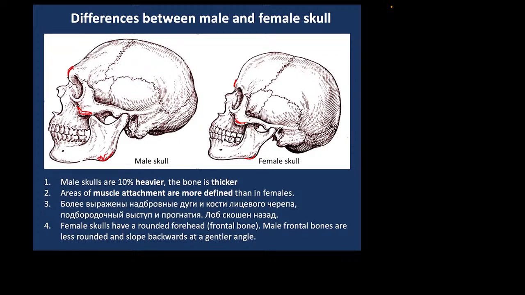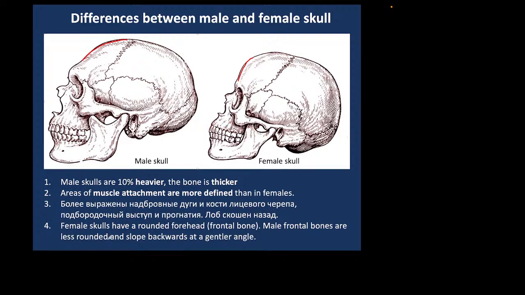And the frontal bone is curved posteriorly. Here visible that the plate of the frontal squama is just oriented posteriorly than in men than in female skulls.